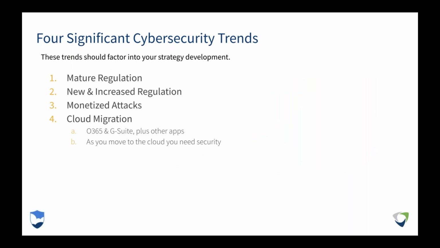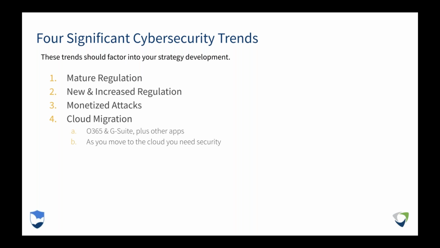And so with that, there are really 4 significant trends that we're seeing in the cybersecurity space. And one is mature regulation. And these are regulations that we've had around for quite some time. But because the threat landscape continues to change and evolve, we're seeing new and increased regulation, mostly at the state level. And it's because of the different types of attacks. We're also seeing that the bad guys are monetizing these attacks, right?